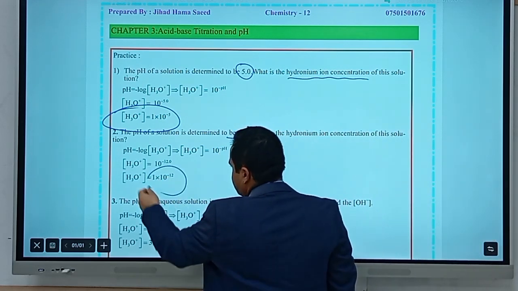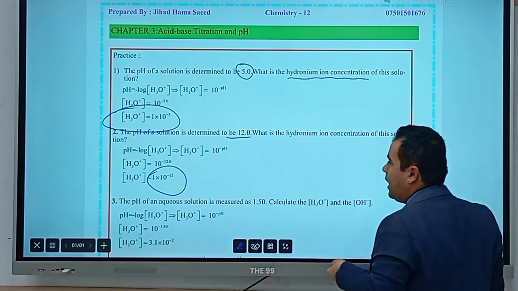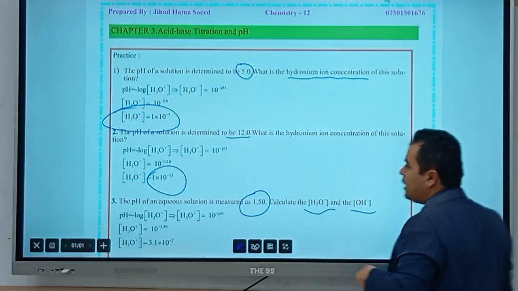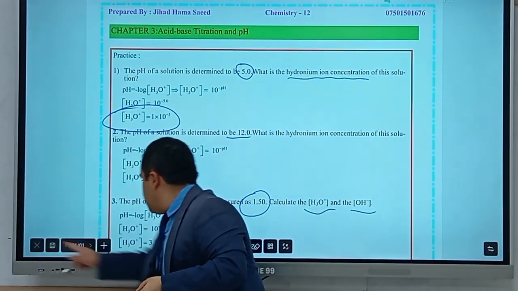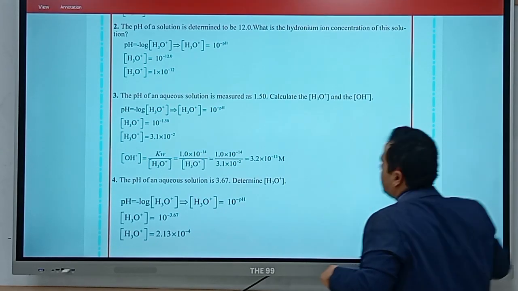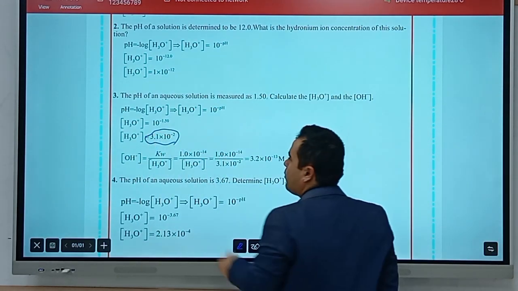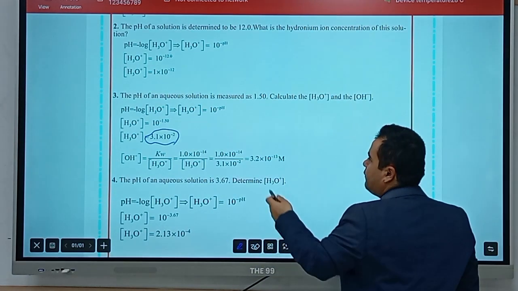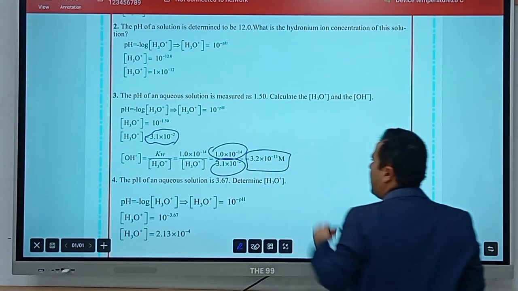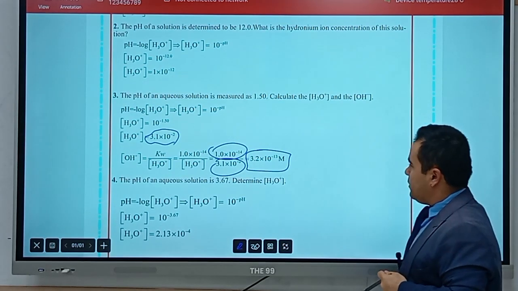That's the practice. If the pH is 1.5, calculate the hydronium and hydroxide of the solution. Simply take the antilog of that, you'll get 3.1 × 10 to the power minus 2, and then divide the Kw through the hydronium, you'll get the value of hydroxide, which is 3.2 × 10 to the power minus 13.